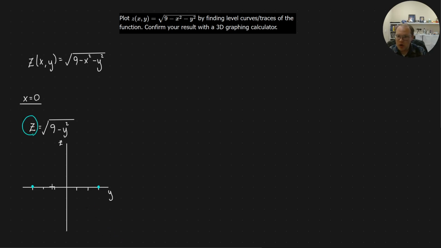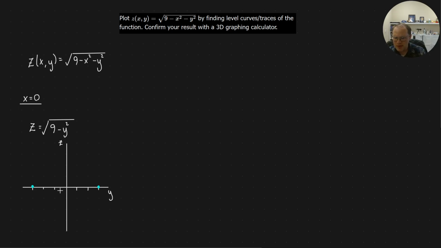Also note that z will always be positive because I'm taking a square root, right? This symbol means the positive root. It spits out a positive number. So I know I'm going to be up here somewhere, in between these two values. Okay. So I could just plug in some points if I wanted to.